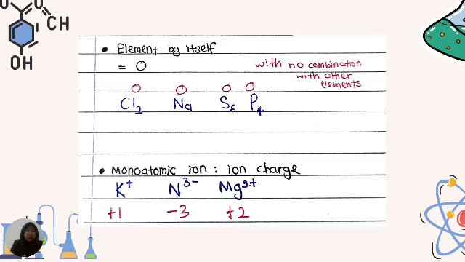For a monatomic ion, we find the oxidation number by its ion charge. So K+ has ion charge +1, N3- is -3, and Mg2+ is +2. The oxidation number is based on its ion charge.